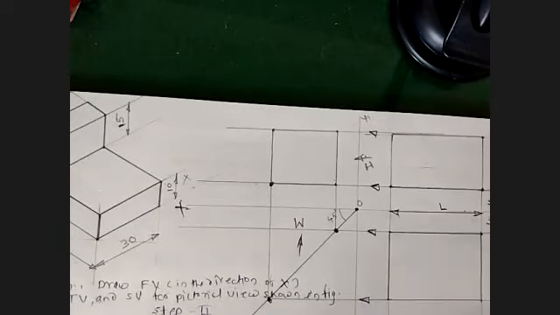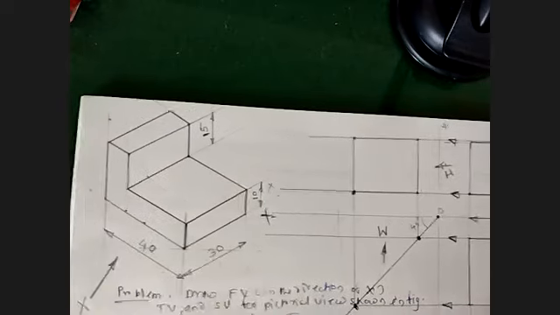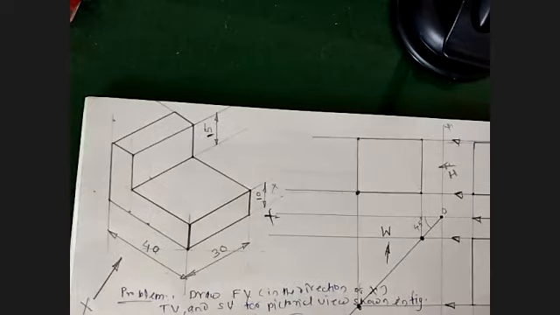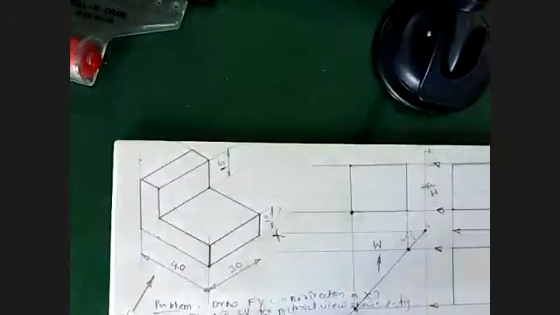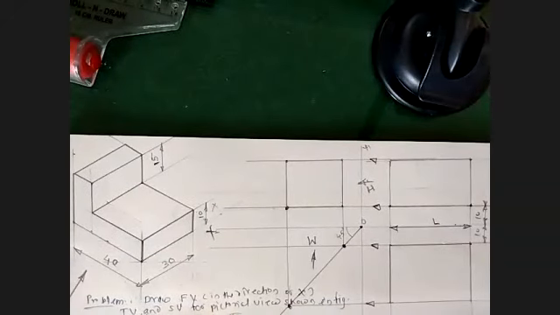Now we'll focus on getting your front view, top view, and the side view. Okay. Now in a single screen, I will try to adjust it if possible, so whether you will get the visibility or not. So yeah, is it visible? Okay. Hello?